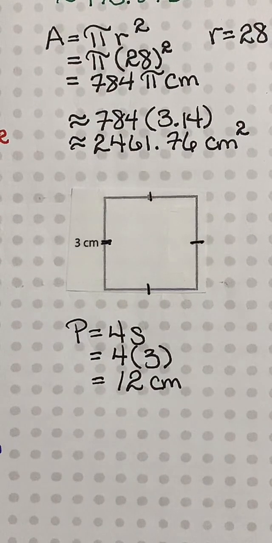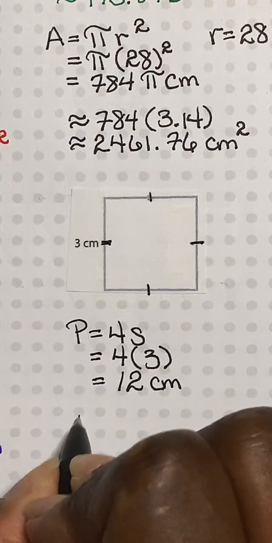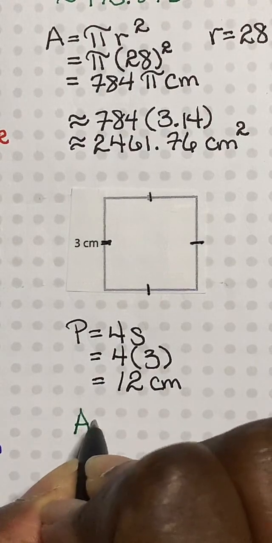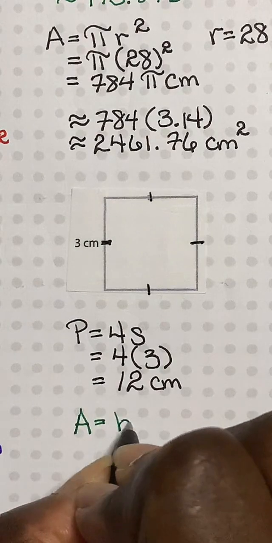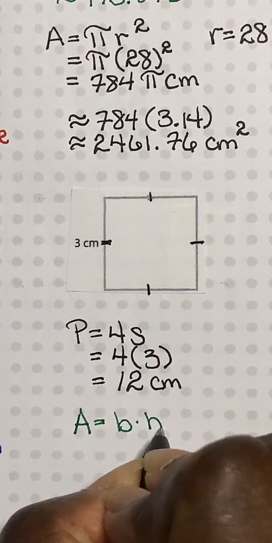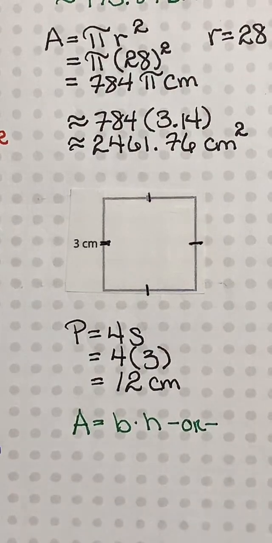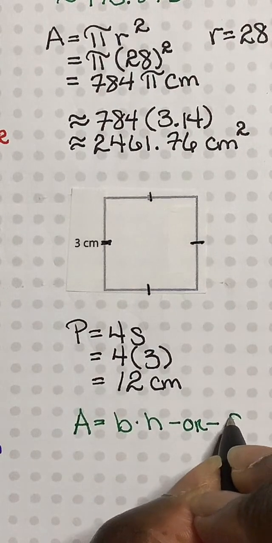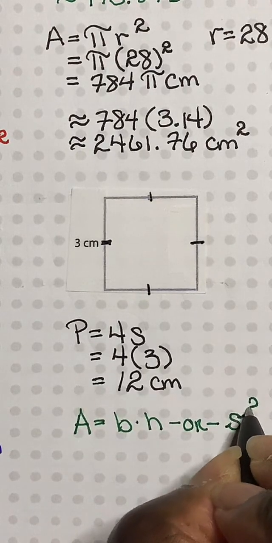All right. So all sides are equal. Good. So now, if they're coming up with area, you can still either say base times height, or you can do the side squared.